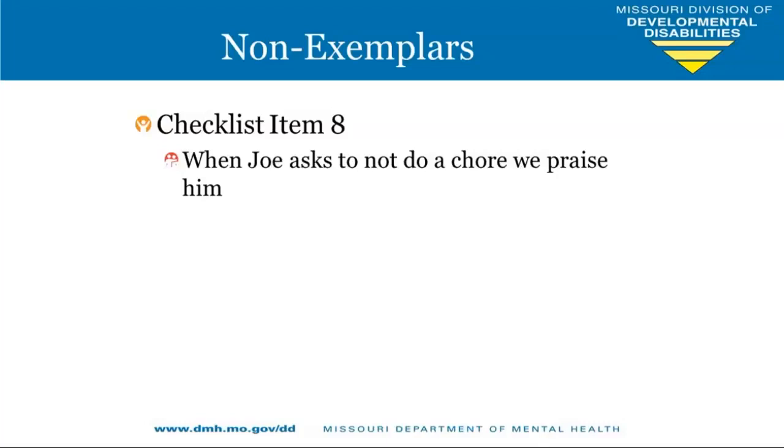You guys gave some great responses, but let's focus on some of the things that we have been trying to teach Joe. So this is the opportunity for Joe to use his negotiation skills. And if we think about it in our everyday lives, there are some tasks that we must do.